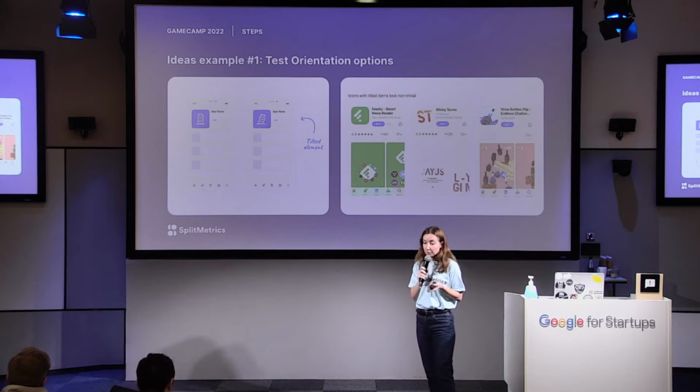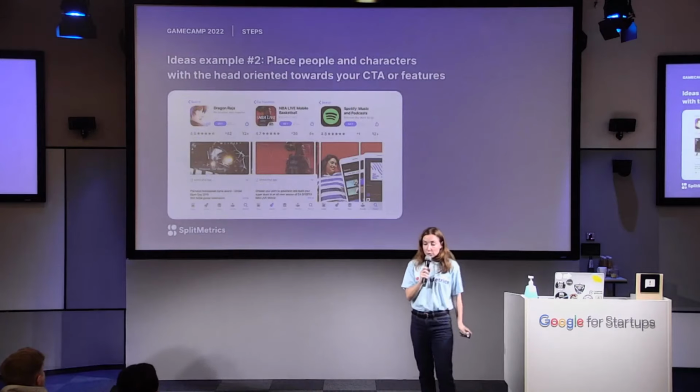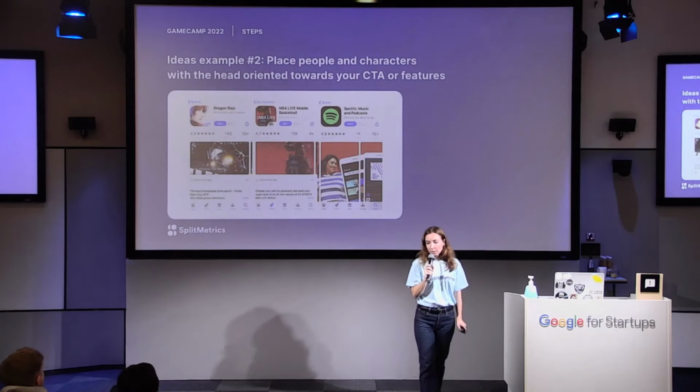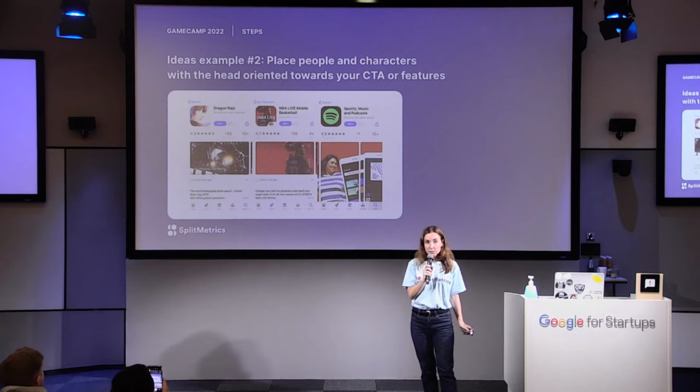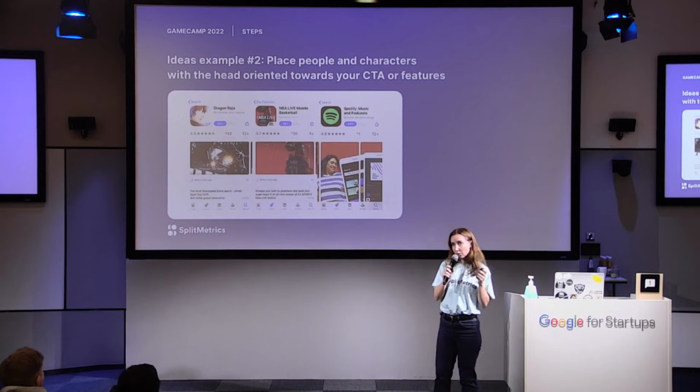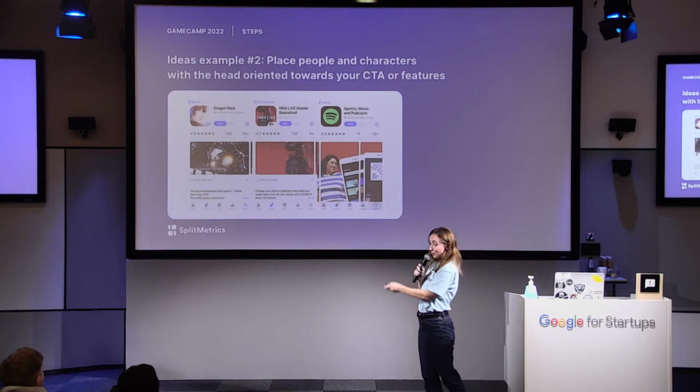Or idea number 2, also picked up from big competitors: you could place people and characters with the head oriented towards your CTA features. It helps lead the audience's view to where you need it to be.